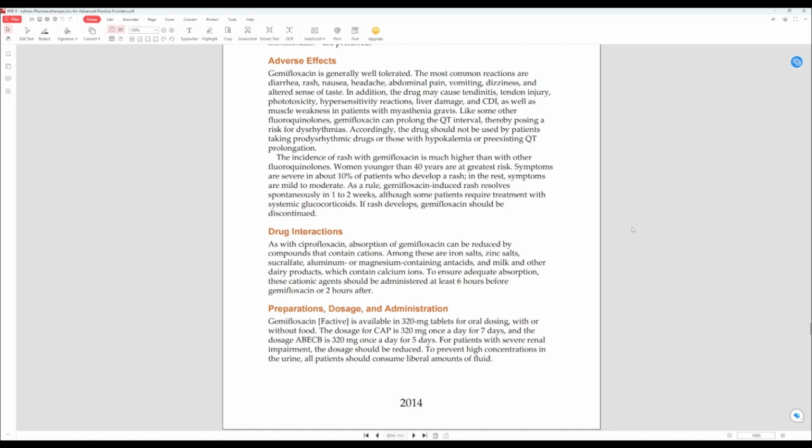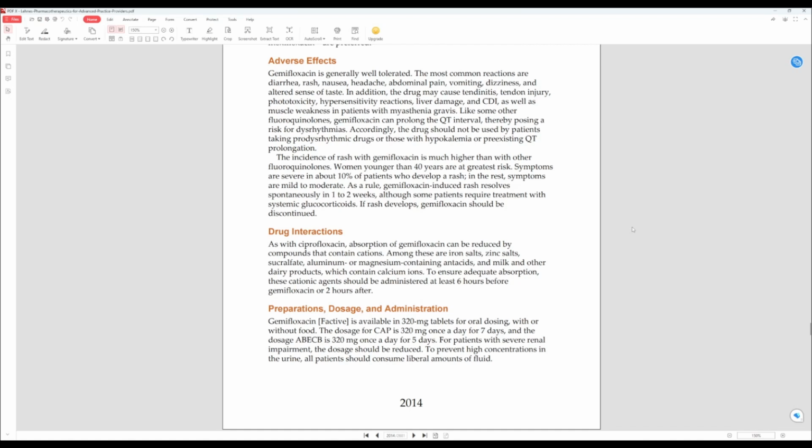Like some other fluoroquinolones, gemifloxacin can also prolong the QT interval, thereby posing a risk for dysrhythmias. Accordingly, the drug should not be used by a patient who is taking pro-dysrhythmic drugs or those with hypokalemia or pre-existing QT prolongation.